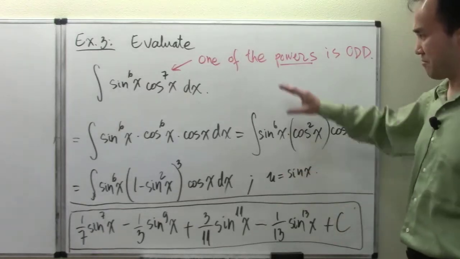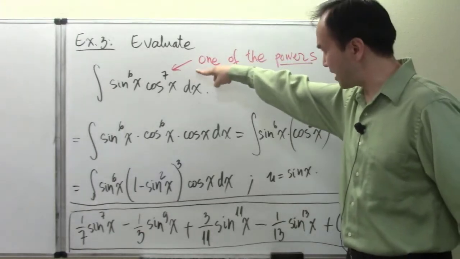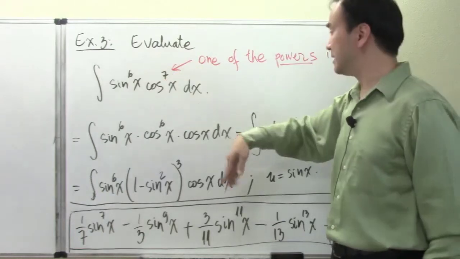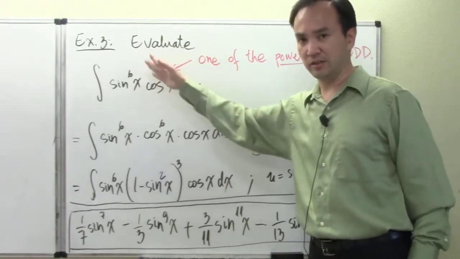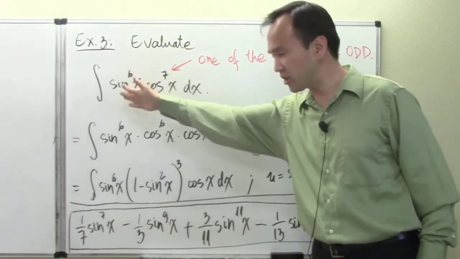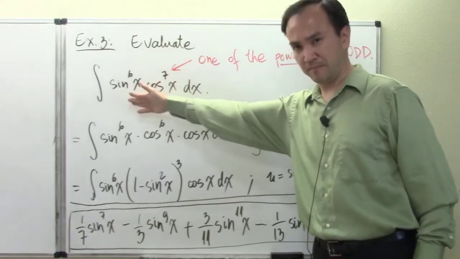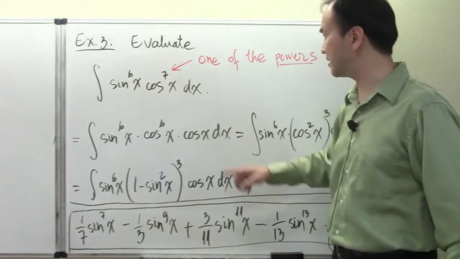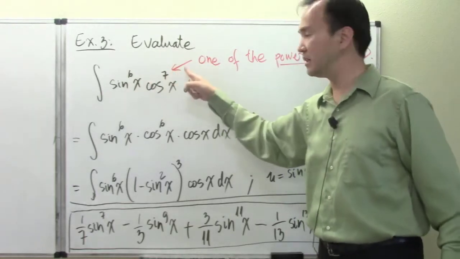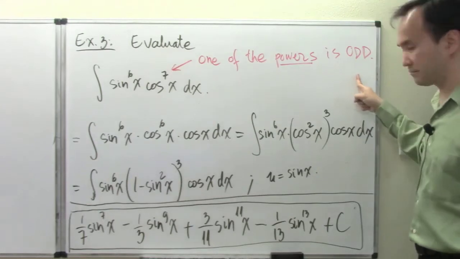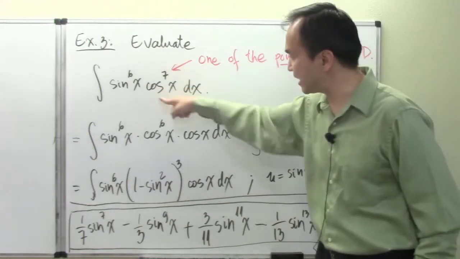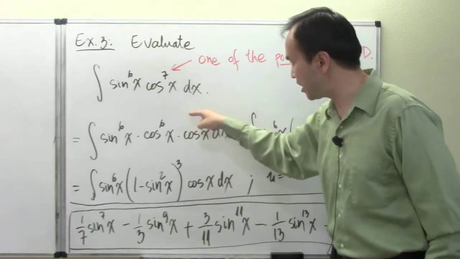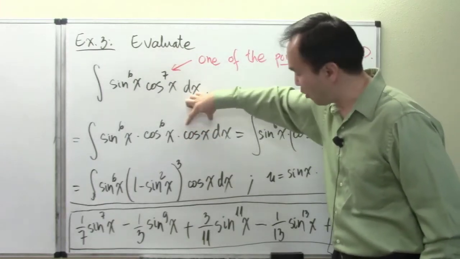The critical point of recognition here is that it's a combination of a power of sine and a power of cosine, but one of the two powers is odd. Once we recognize an odd power among these two, we tackle that odd one immediately and separate out that one factor right there.